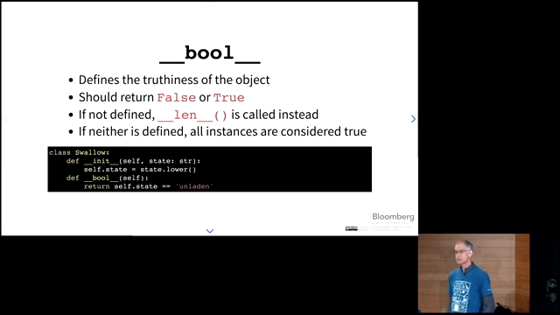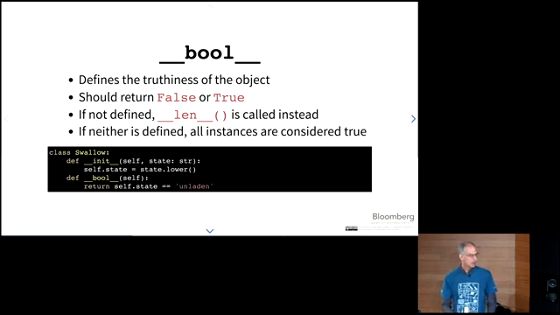So for containers, this is why an empty list, an empty dictionary, an empty set return false, because they call the Dunder len method for those classes. And the truthiness is if len returns 0, it's false. If it returns any other value, it's true. Now, if you don't implement either of these methods, then all instances of your class will be considered true.